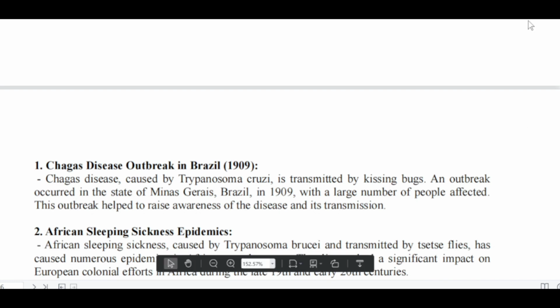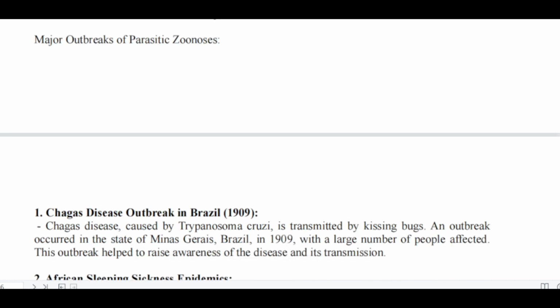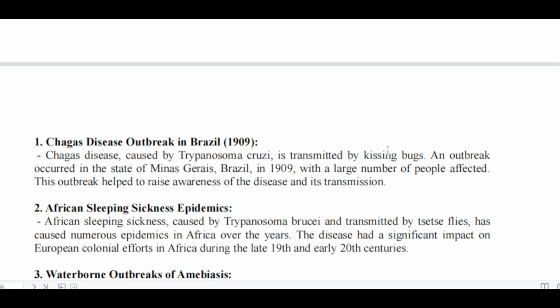Now, if we are looking for major outbreaks of zoonotic diseases, we cannot forget the Chagas disease outbreak in Brazil, 1909. Chagas disease, caused by Trypanosoma cruzi, is transmitted by kissing bugs.